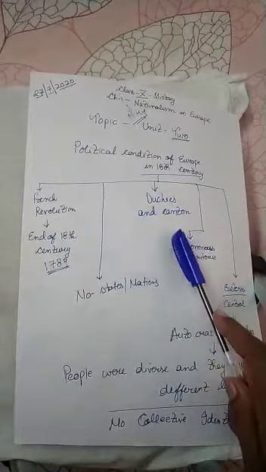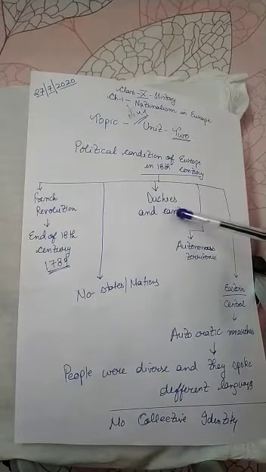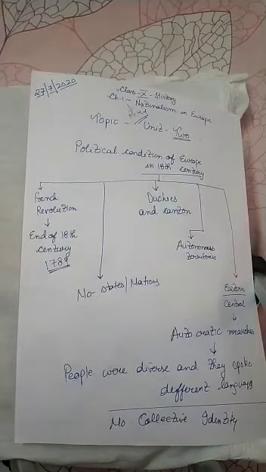Duchies and cantons means the local leaders of the particular place. They ruled over autonomous territories. Autonomous territories means independent areas where they don't like to get interfered in their internal matters.